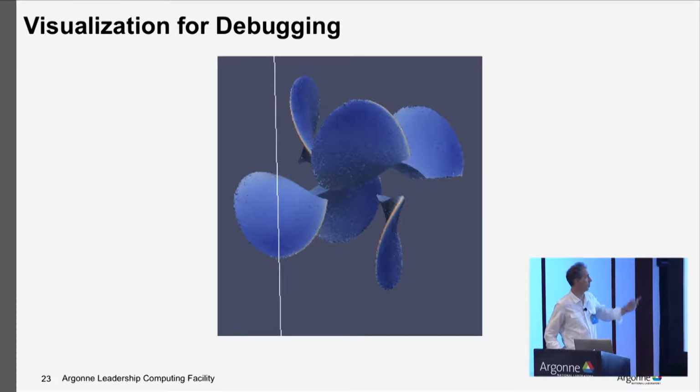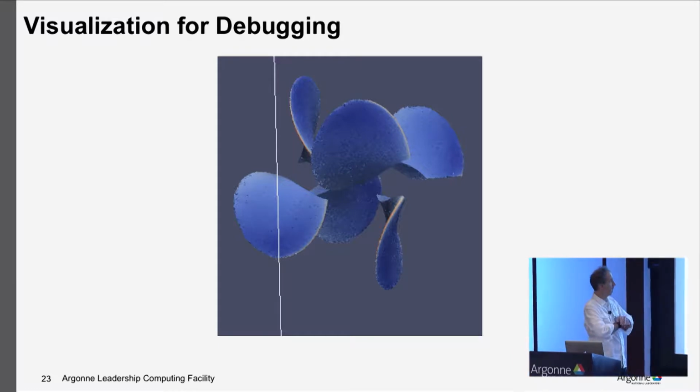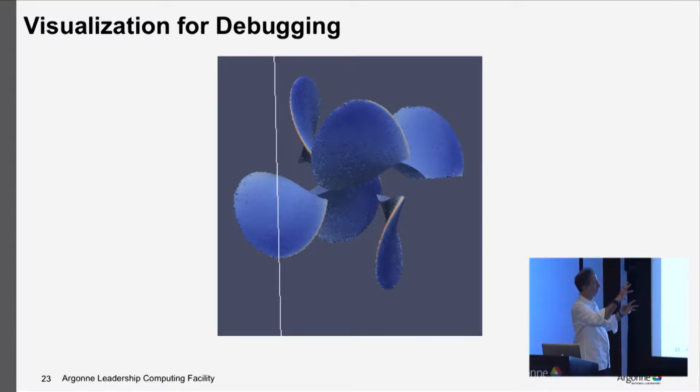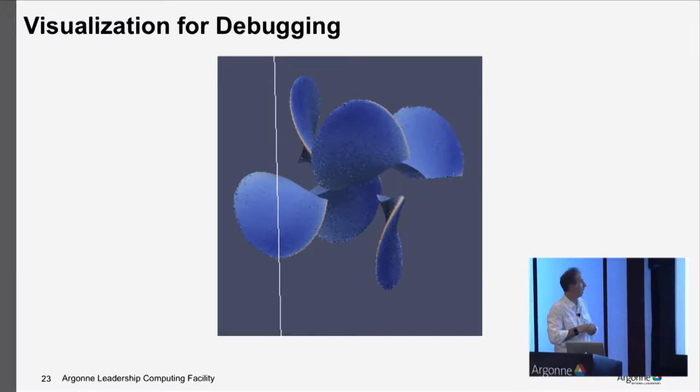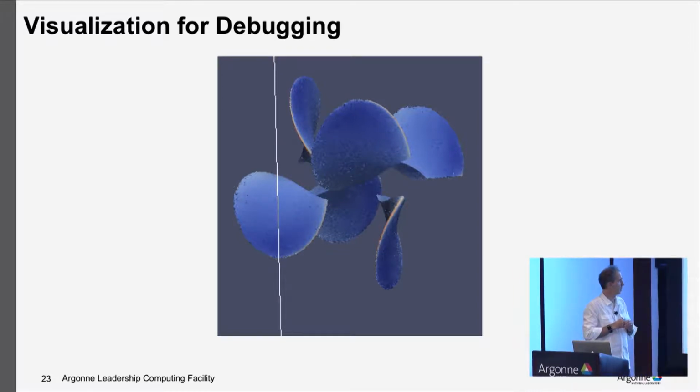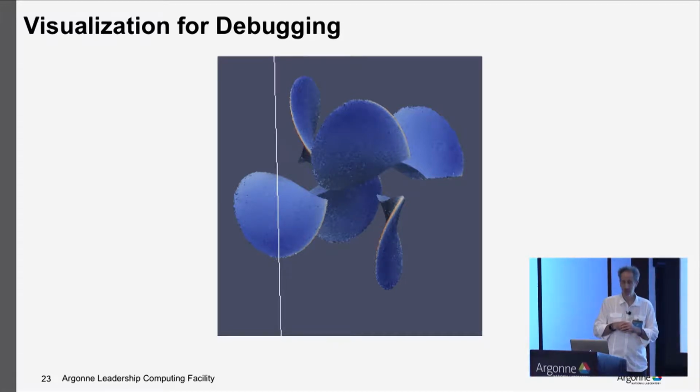What we're looking at here are two propellers, and the one on the right is the one in the front, and they're going to rotate in opposite directions. It's a marine propeller, so there's a fluid that's flowing through here. When they were doing the simulation, they were getting results that they weren't expecting. They couldn't understand why, and so they asked me if I would help visualize it and see if they could figure out what was going wrong.